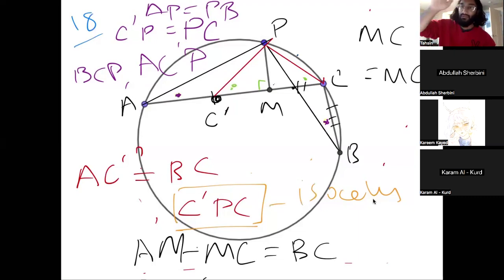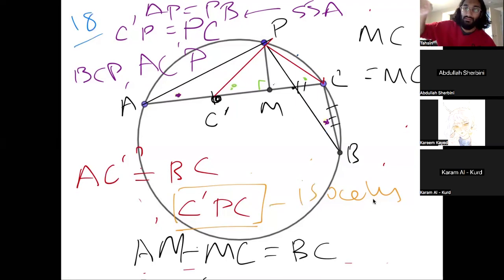But this is this condition we sometimes call SSA similarity. Do you guys know this? There's like SAS, SAA or something, AAA.